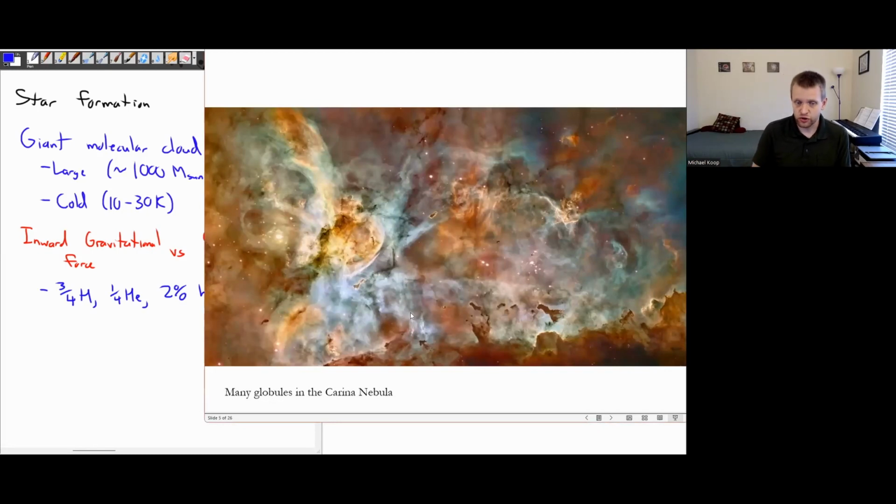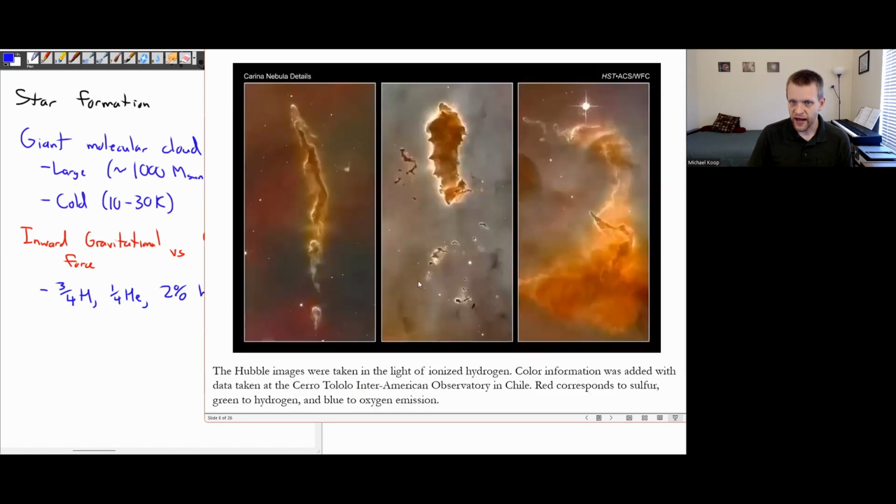Here are more of these globular structures in the Carina Nebula. So again, these are very, very thin gases, but looking on these scales, you can still see how they block some of the background light. And they have very, very complicated structures.